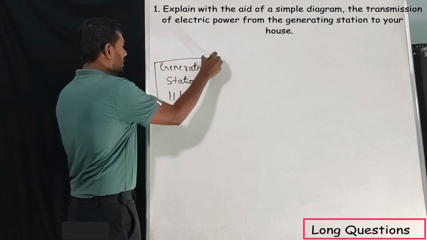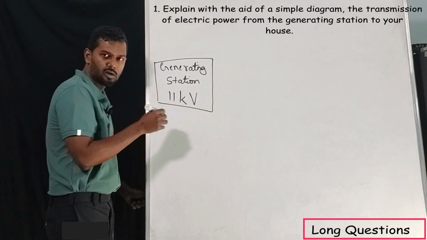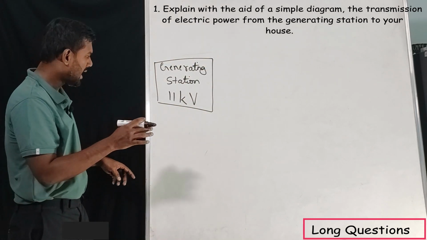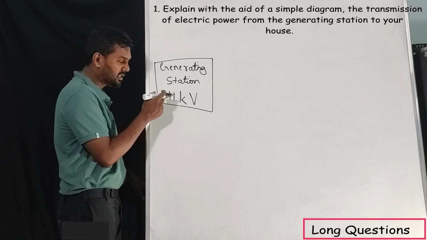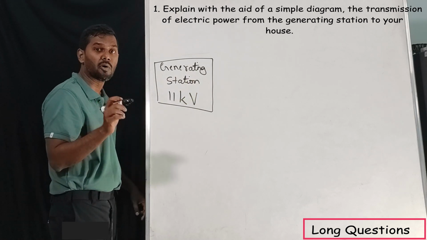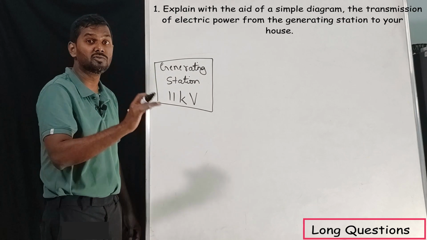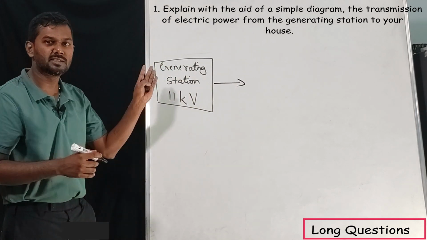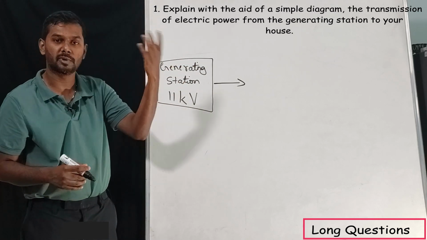This is the starting point. If this is wrong, no marks will be allotted for the remaining diagram. So this value is very important. In all the blocks, the values are very important. Once the power is generated, it will start transmitting.